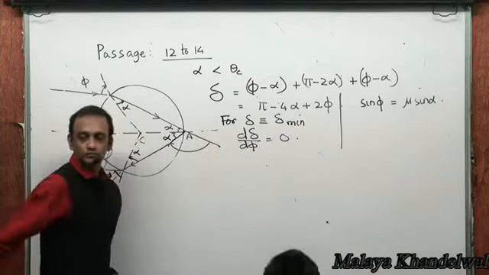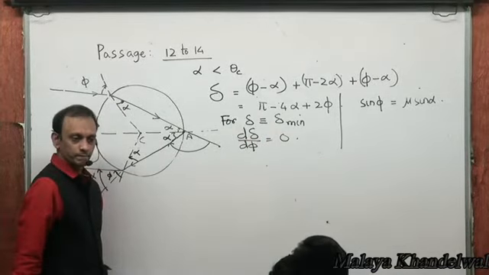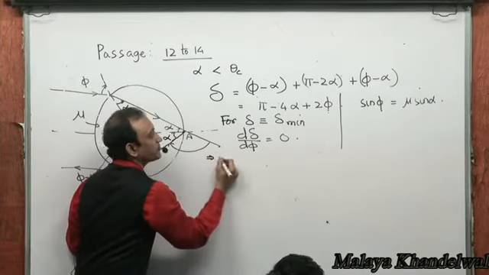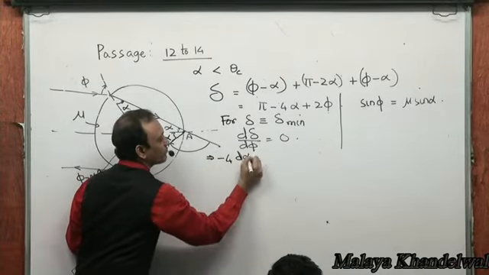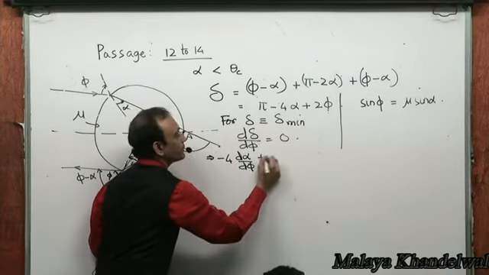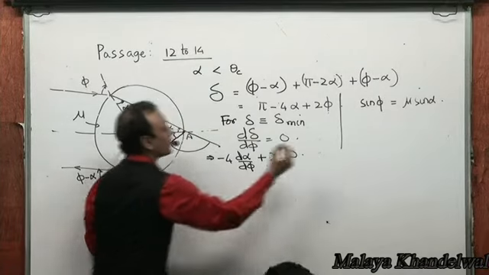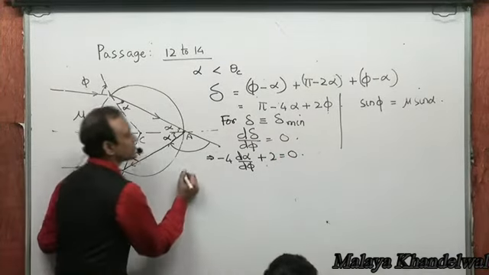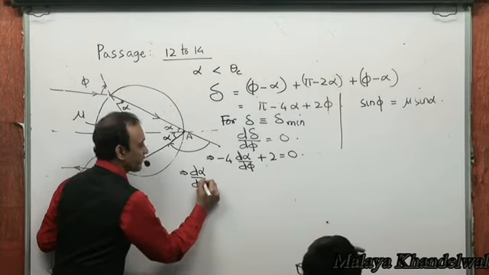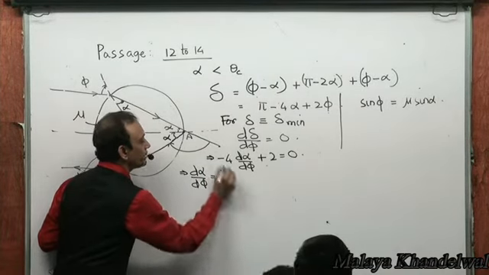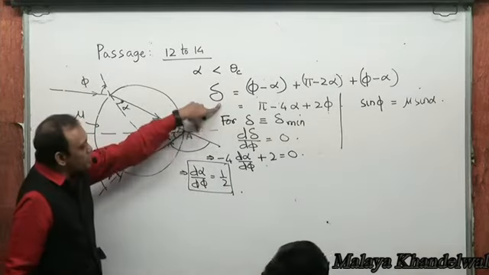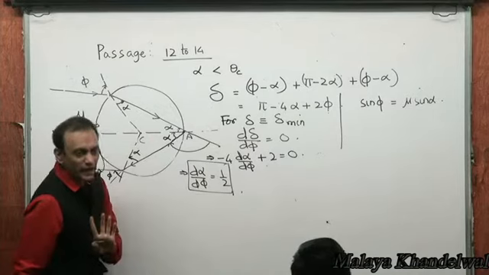If I differentiate this with respect to phi, I end up getting minus 4 d alpha by d phi plus 2 is 0. So this gives me d alpha by d phi as half. For deviation to be minimum, d alpha by d phi must be half.